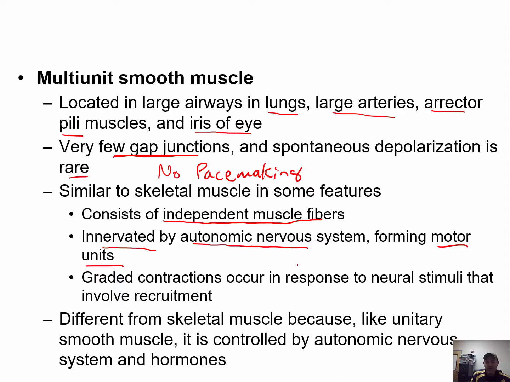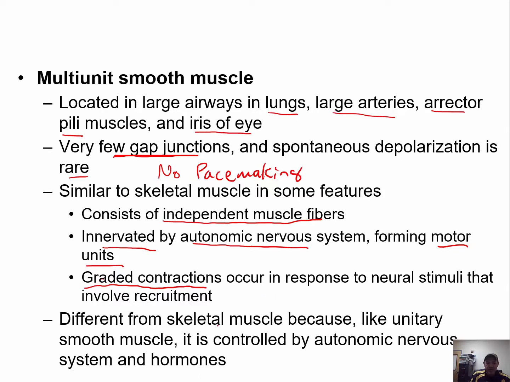So if that one motor unit or nerve cell sent a stimulus, then only the muscle cells that were connected to that neuron or synapsed with it were going to contract. Well, the same thing would happen here in multi-unit. So you have basically a motor unit structure here. And you can get graded contractions, so you can grade the amount of tension in that muscle by recruiting more motor units, and that's similar to skeletal muscle.